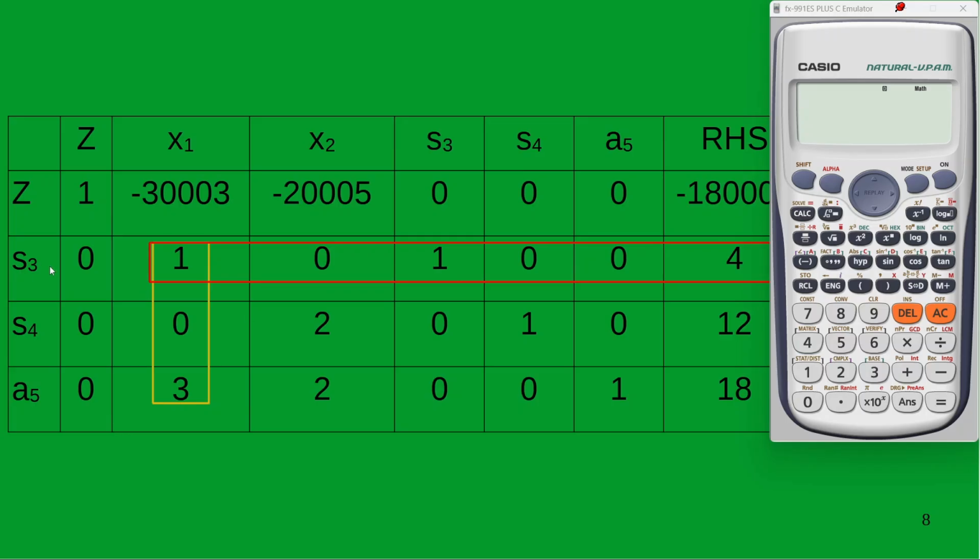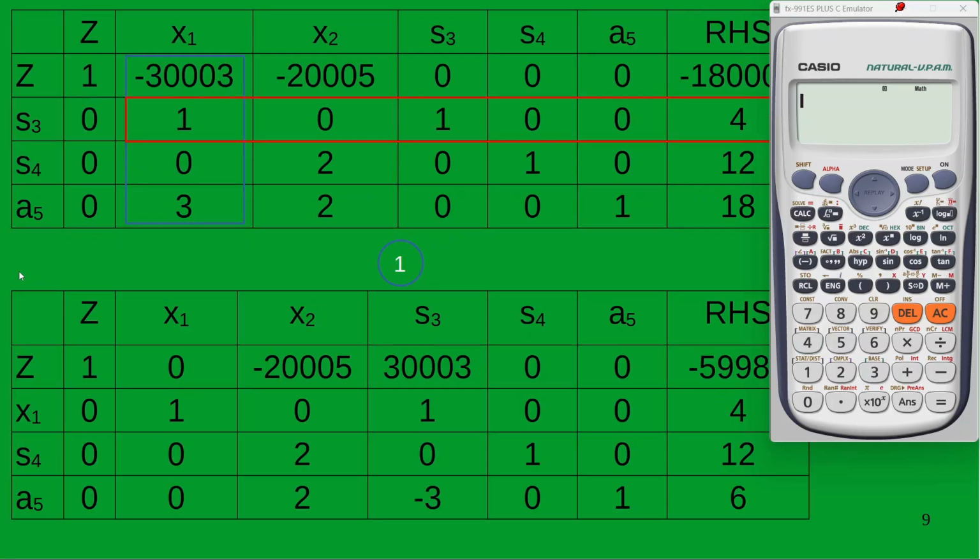So S3 would be the leaving basic variable. Now we have to do row operations in such a way that we make all the coefficients in column number 1 as 0 except that of S3. Okay, so there we are.